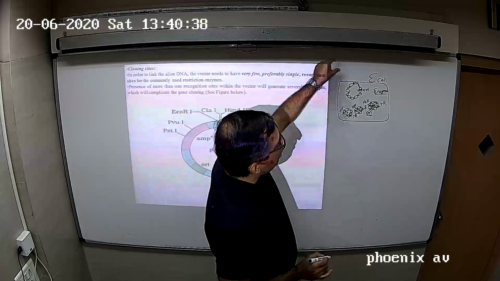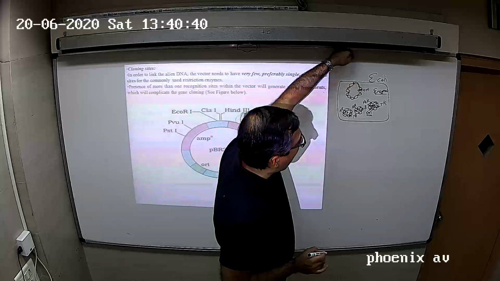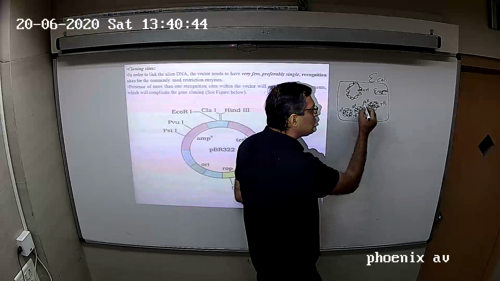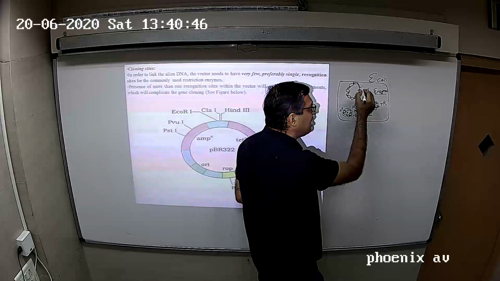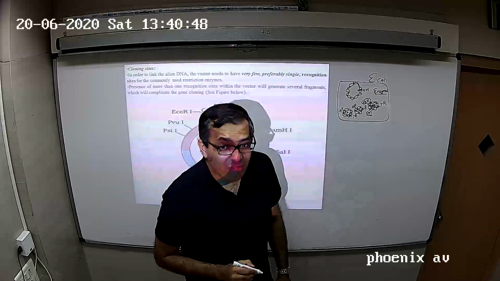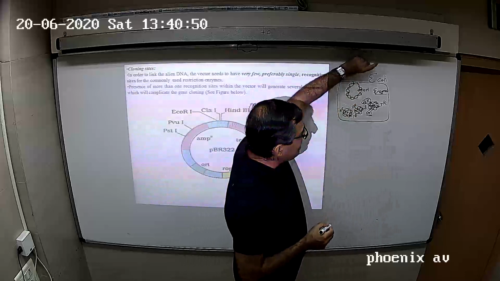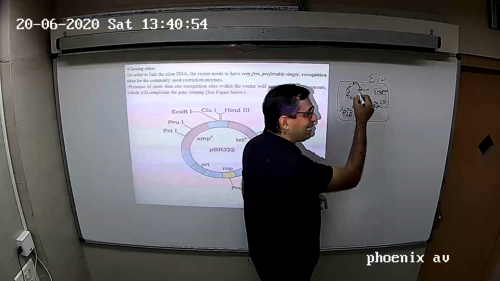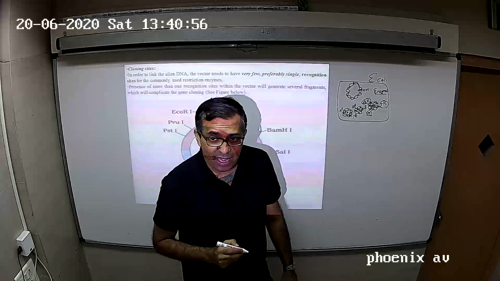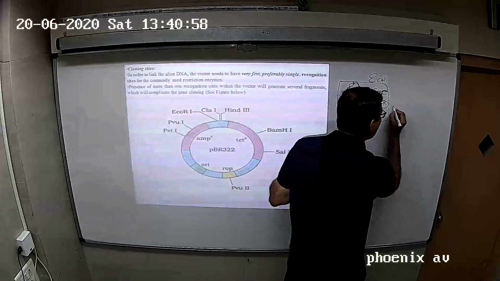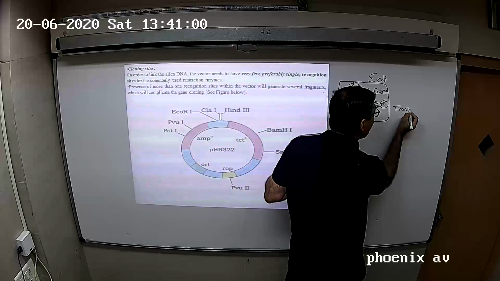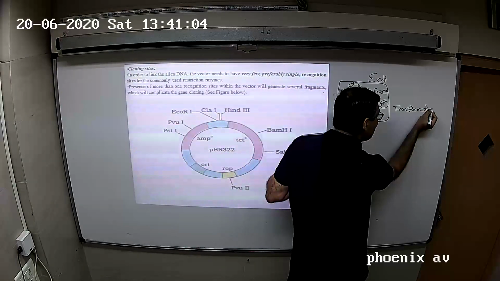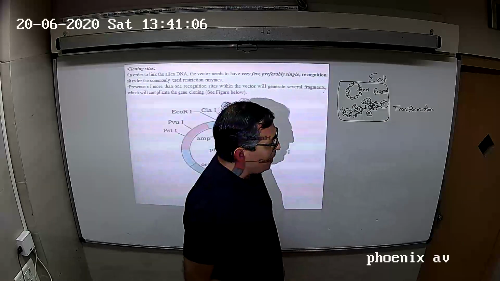And now suppose you put over it ampicillin or tetracycline, then in the presence of ampicillin resistance gene, the bacteria will survive. And you put tetracycline, then because of tetracycline resistance gene, the bacteria will survive. This means successful transformation has taken place. What do we call this? Successful transformation.